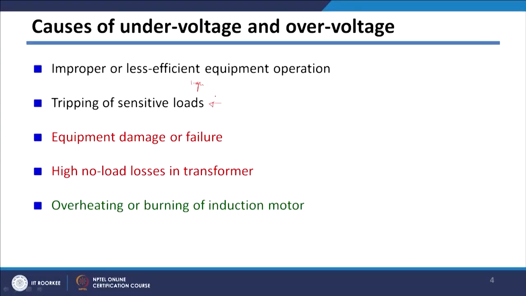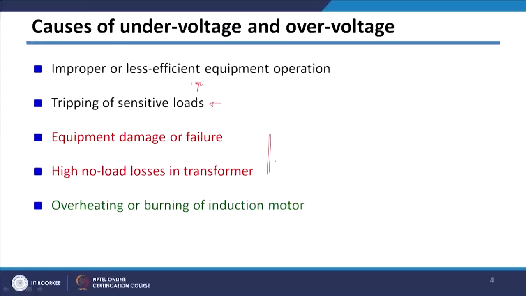During that condition your sensitive loads will draw from the battery and keep on draining it, and sometimes the battery will get exhausted of charge, and in that case your sensitive equipment will be out of power. This can happen with prolonged over voltage or prolonged under voltage across your sensitive load, and in that case inverters will be cut off from the supply. So, tripping of sensitive load may happen during under voltage and low voltage.